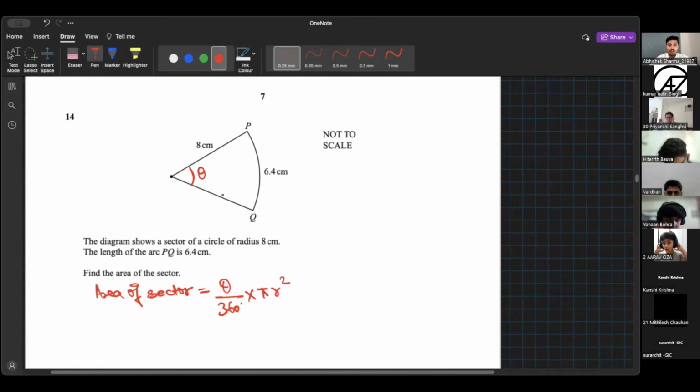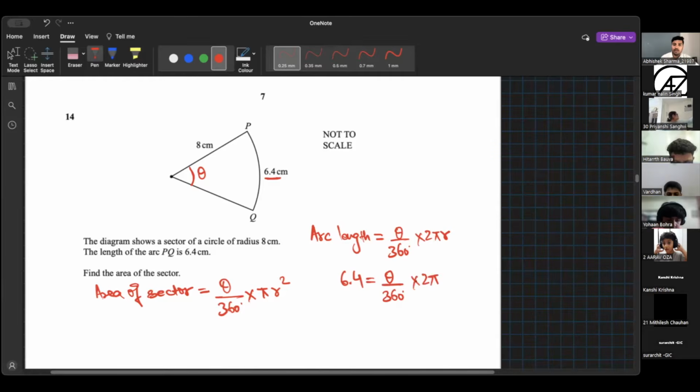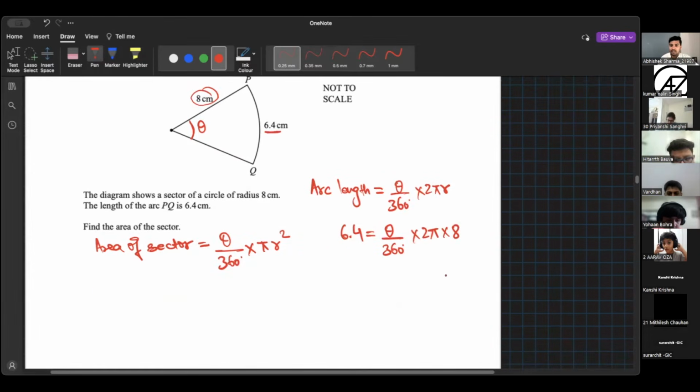Not radians. We can use the arc length formula. Because the arc length is given to us, we can use the arc length formula theta divided by 360 multiplied by 2 pi r, and the arc length is 6.4. So can I substitute here 6.4 equals theta divided by 360 degree multiplied by 2 pi, and radius is 8 centimeters, so multiplied by 8. Make theta the subject of the equation.